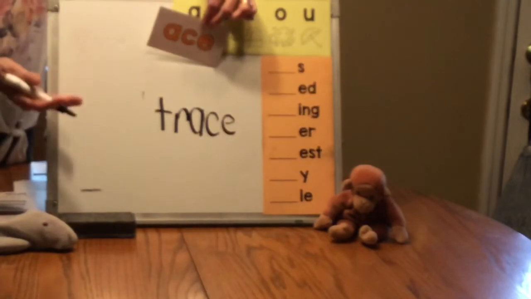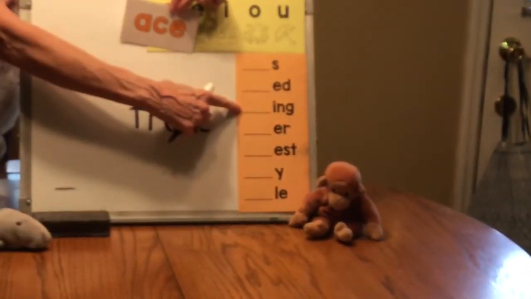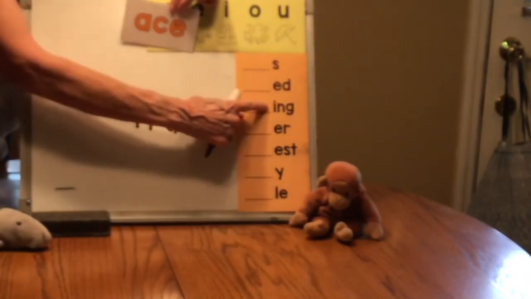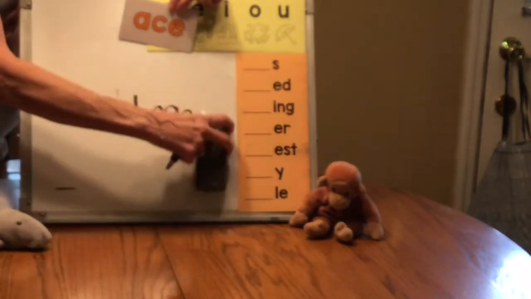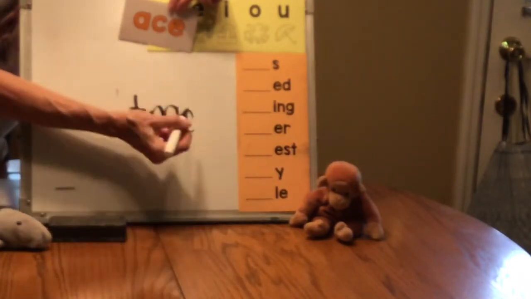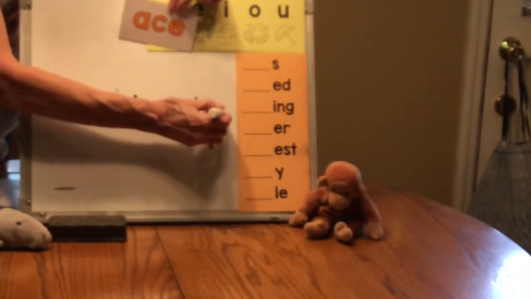All right, now I said tracing. So if I'm looking at my suffix, it has an I, which is a vowel. So when am I going to do that E? We're going to drop that E and add our suffix I-N-G.